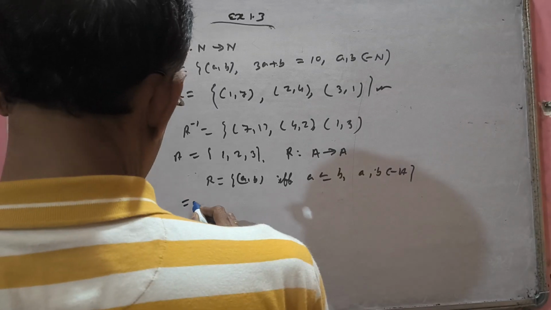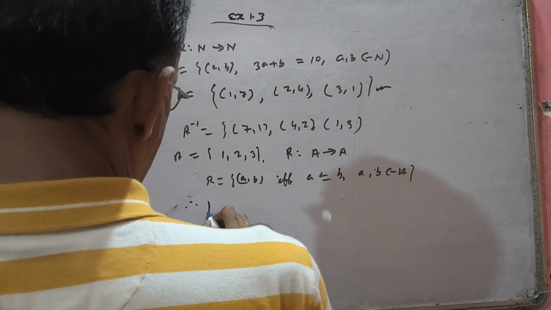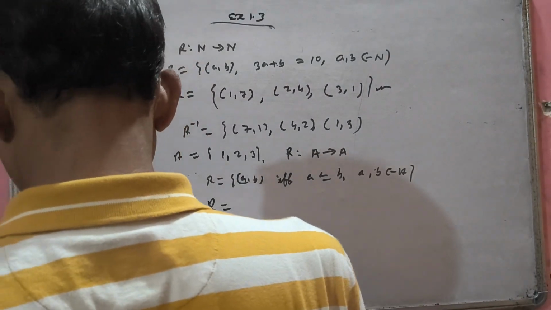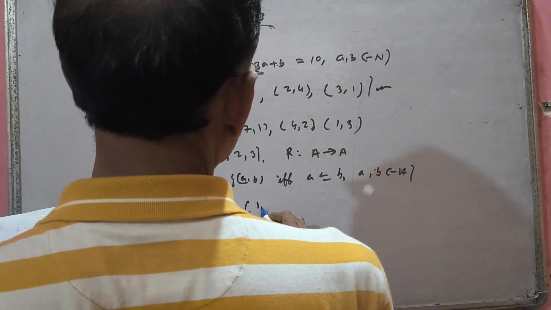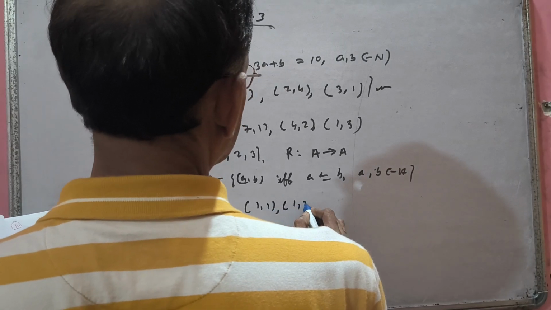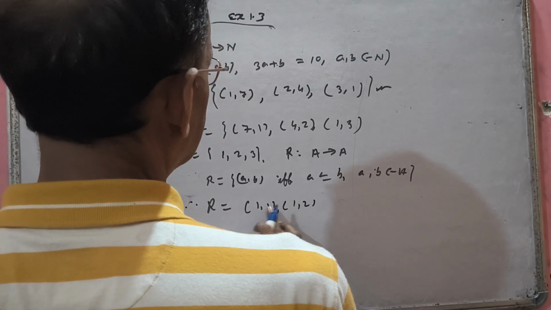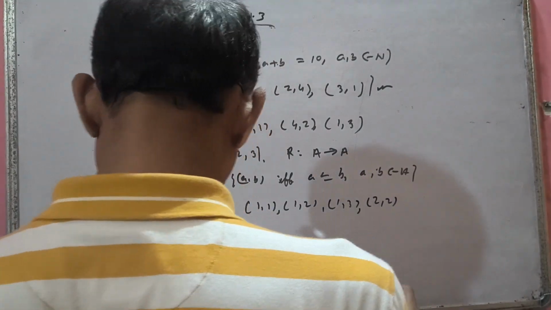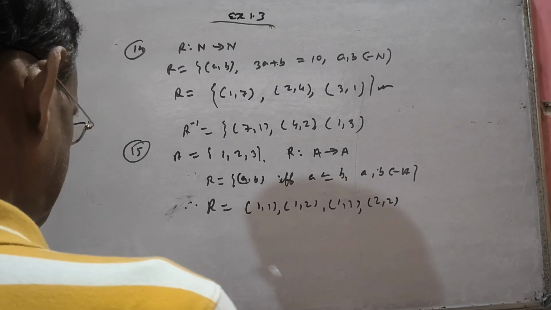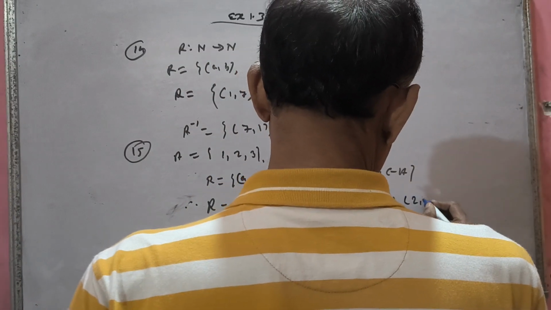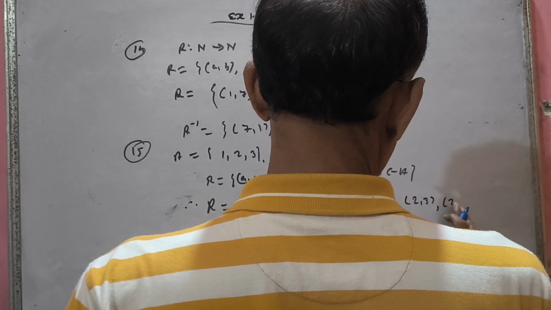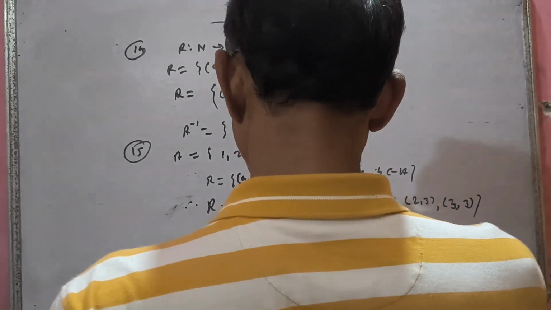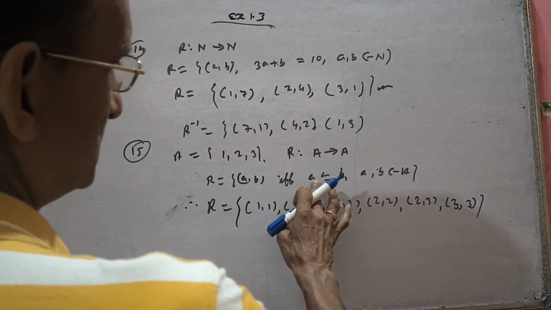So what is R equal to? (1, 1), (1, 2), (1, 3), (2, 2), also (2, 3) only, then (3, 3). Anything else? a should be less than or equal to b.